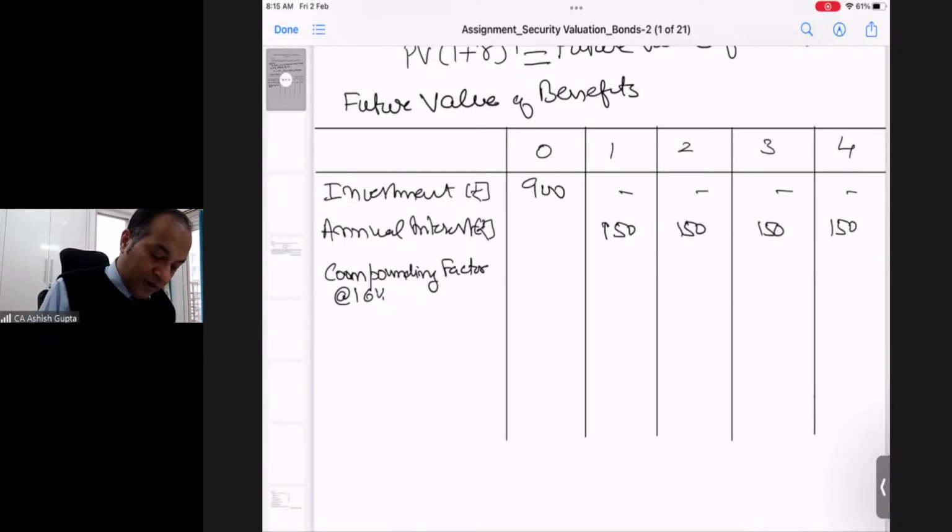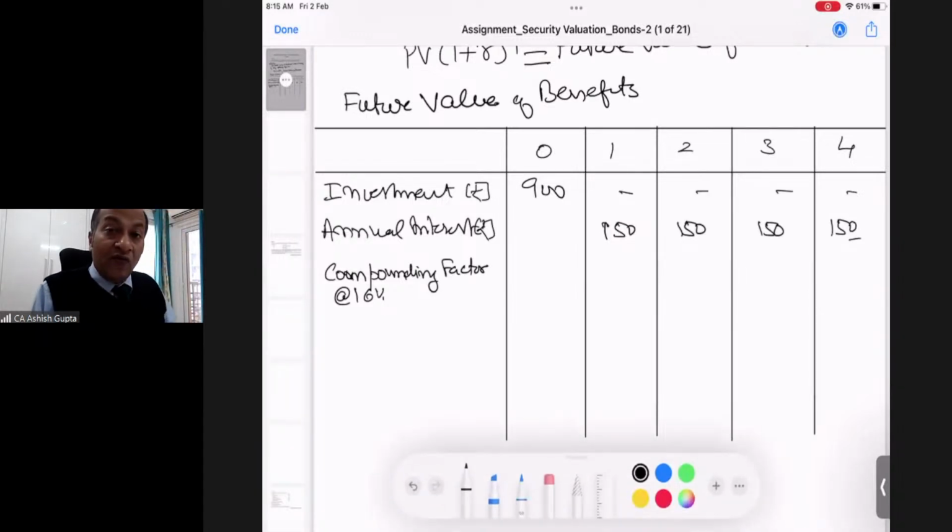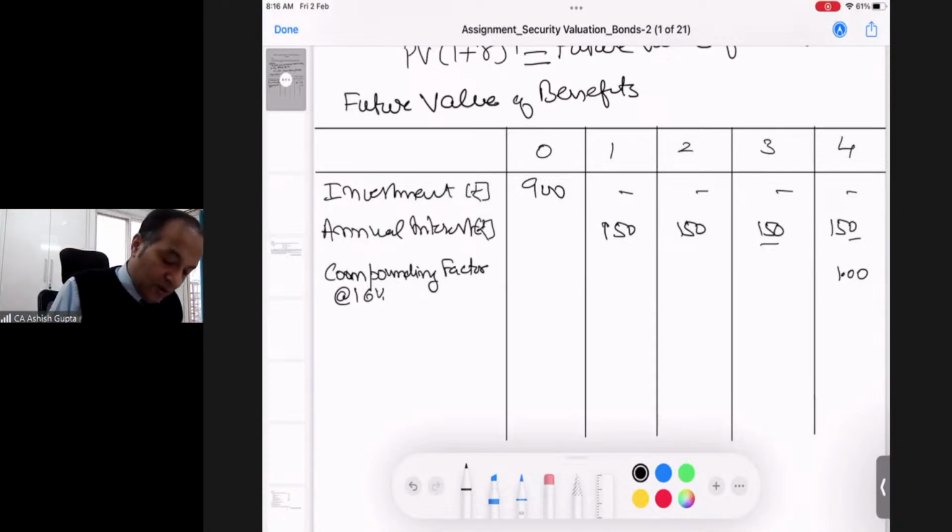First of all, the interest accrued at the end of the fourth year will not be reinvested, so the compounding factor will remain 1. Now the interest accrued at the end of the third year will be reinvested for 1 year, that is from the end of the third year to the end of the fourth year. So the compounding factor will be 1.16.